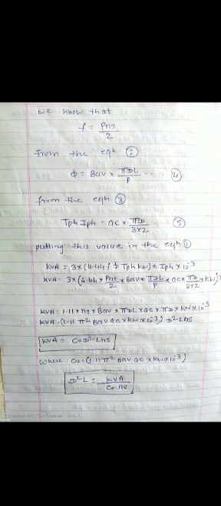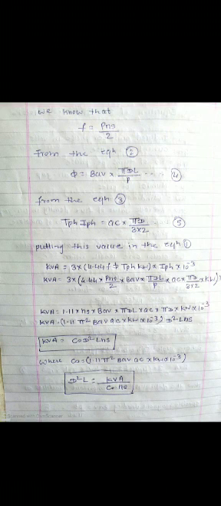In the problem it may be given in RPM, so we have to convert that into RPS. After converting the speed, it becomes F is equal to PNS divided by 2.